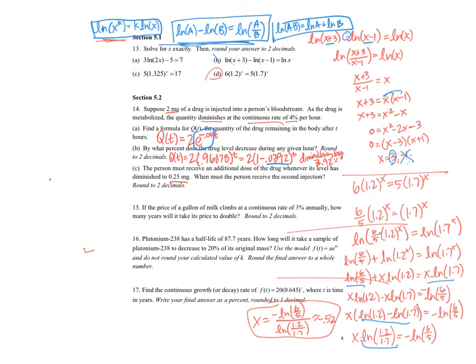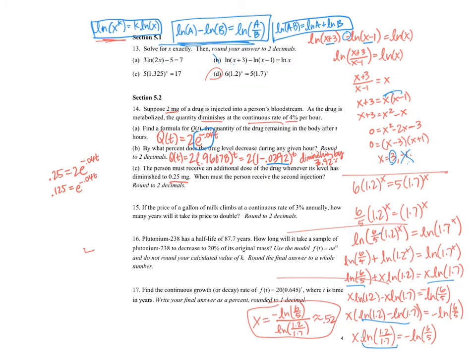So 0.25 equals 2e to the negative 0.04t. Then I'm going to solve for t. I'll divide by 2 first of all. So I got 0.125 equals e to the negative 0.04t.